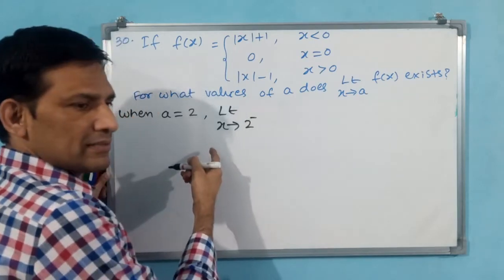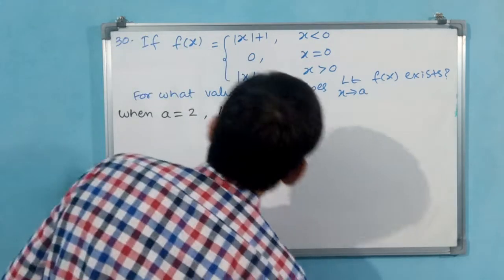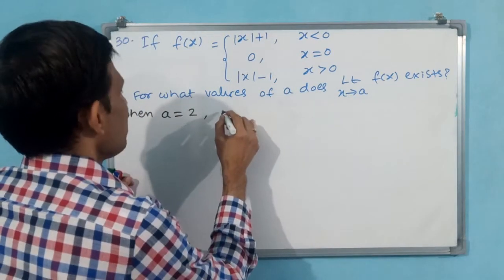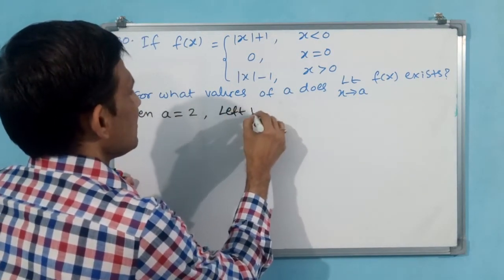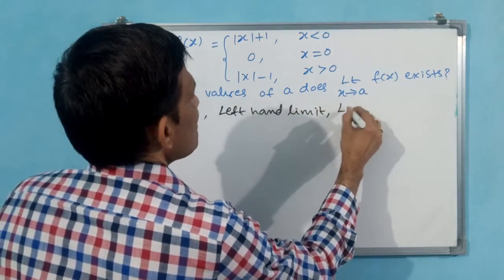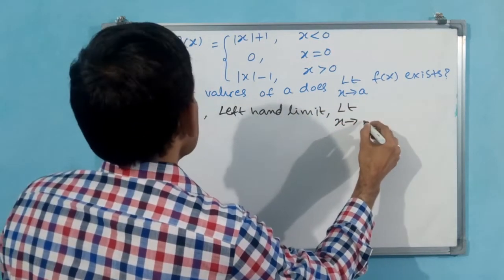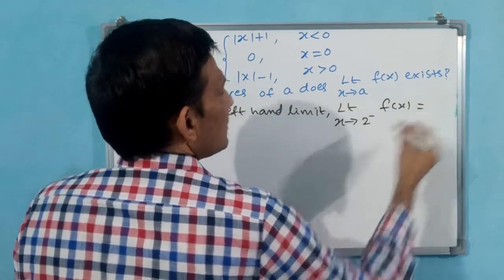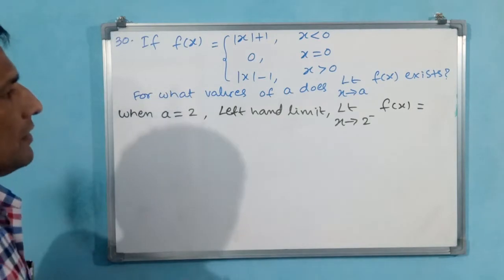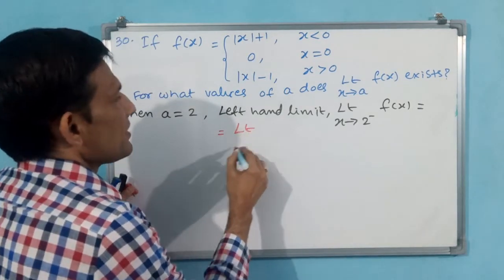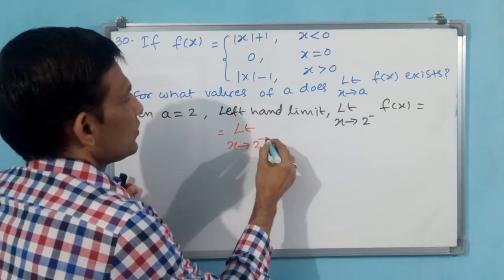Or else you write left hand limit, because that is required to write. Left hand limit: limit x tends to 2 minus f of x is equal to.